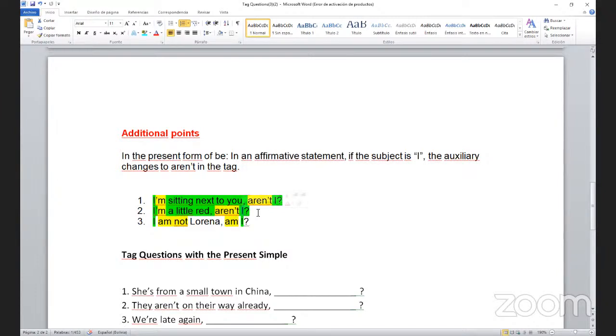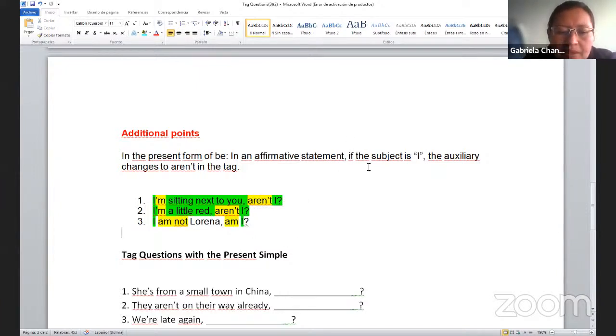And if I have a negative sentence, I am not Lorena, I'm not Lorena, as I am using the negative, I can use the positive: am I. So just in affirmative sentences we use the negative tag question with aren't and I. Negative sentences with I am not, we use the affirmative tag question with am.